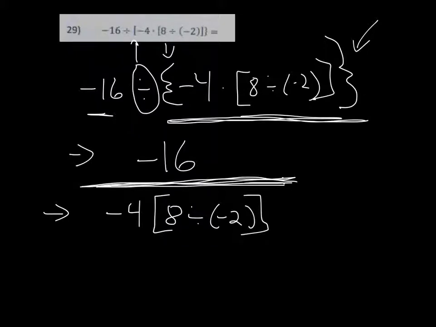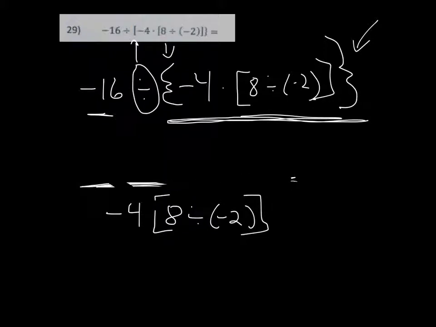Okay. So let's solve this guy. And I'll just solve it the way it was originally written. So I will erase this, and we'll just solve it the way it was originally written. Okay?